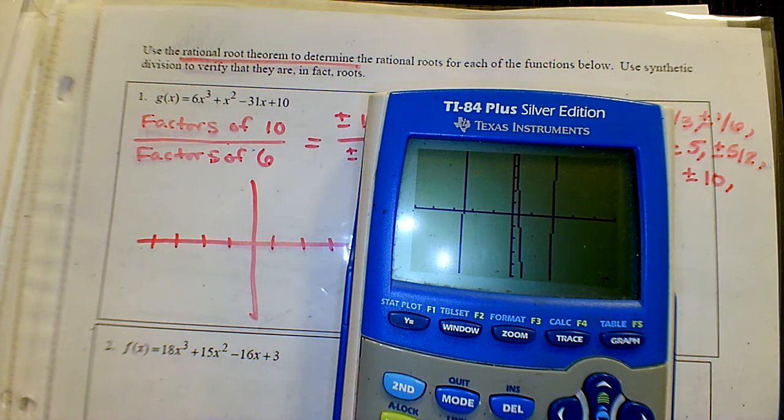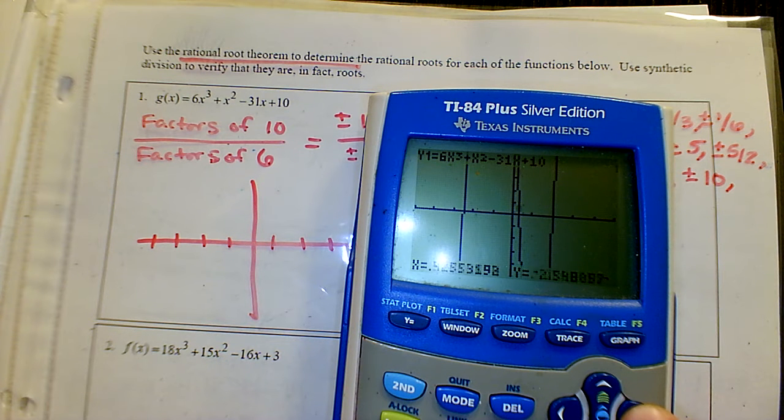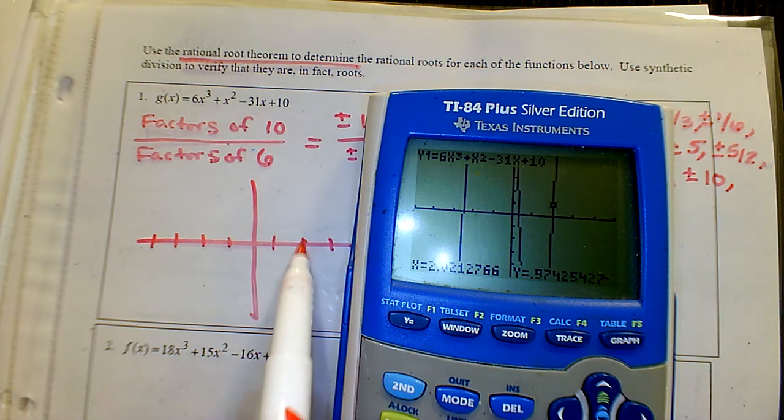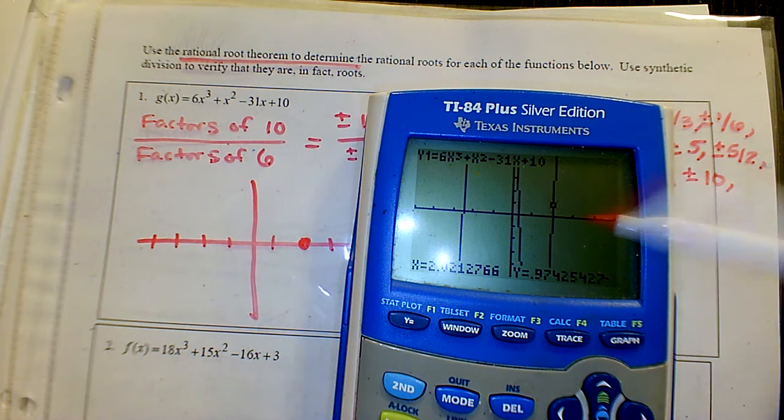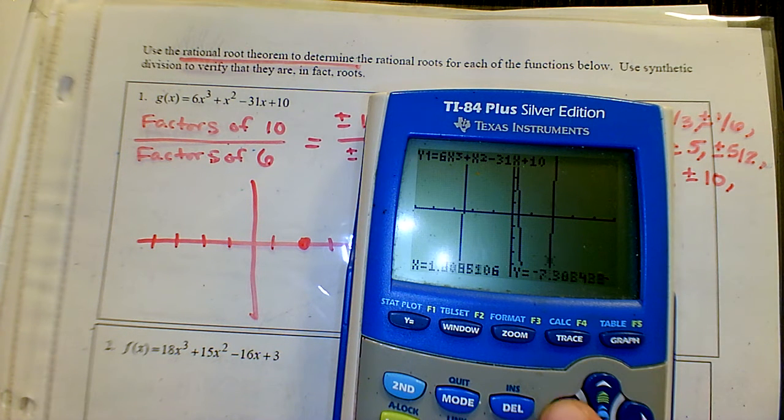And if we use our cursor to get kind of close to where we think they are, let's see, it looks like we have one exactly at 2. Go straight through that tick mark. We have another one. Ooh, there we go.